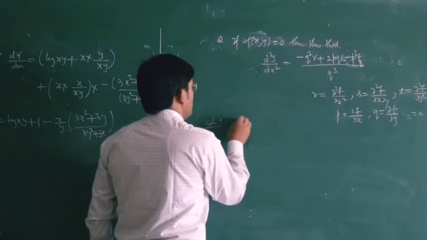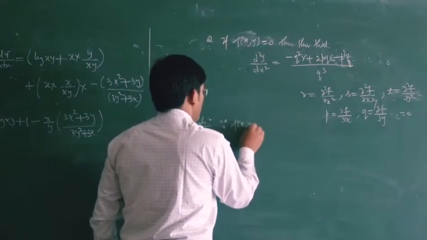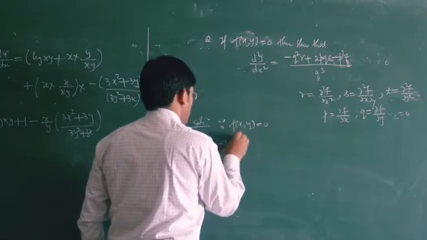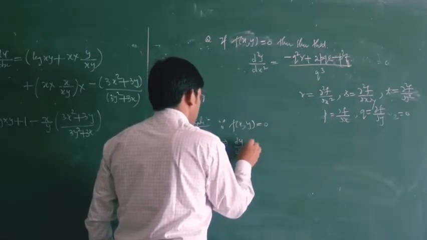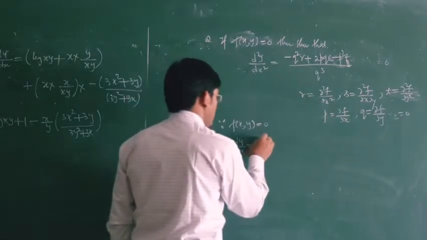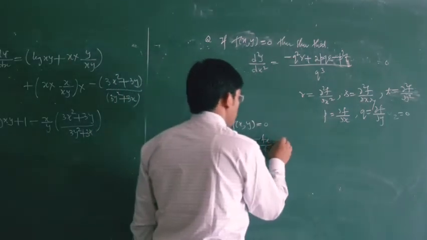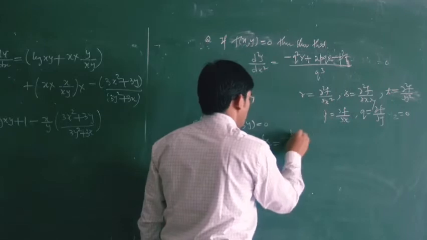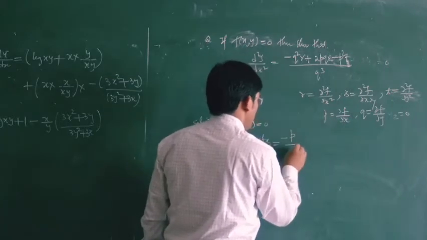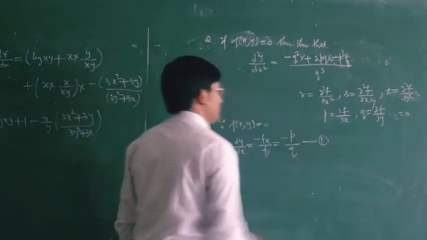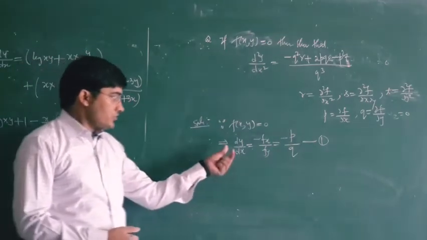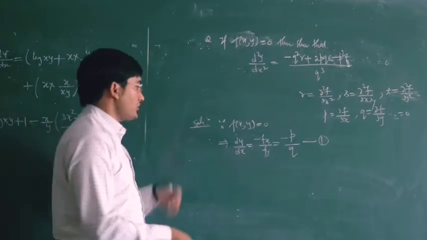Because your f of xy equal to 0, from here we can get the value of dy by dx, which is minus fx upon fy. Here fx is p and fy is q. So this is minus p upon q. Let us differentiate this equation one more time with respect to x.